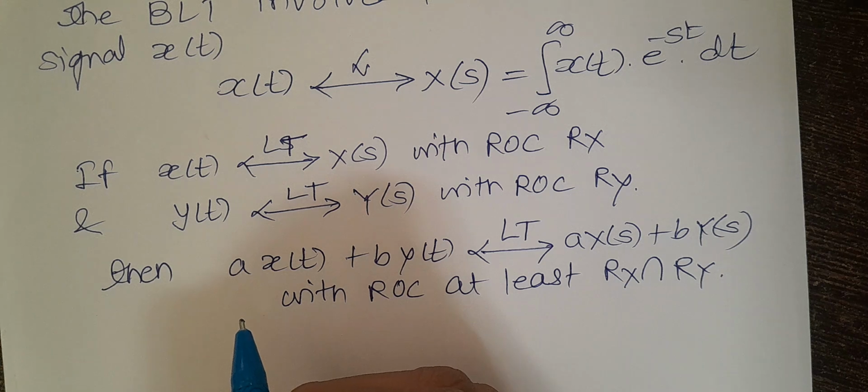The ROC may be larger than the intersection of the individual ROCs.